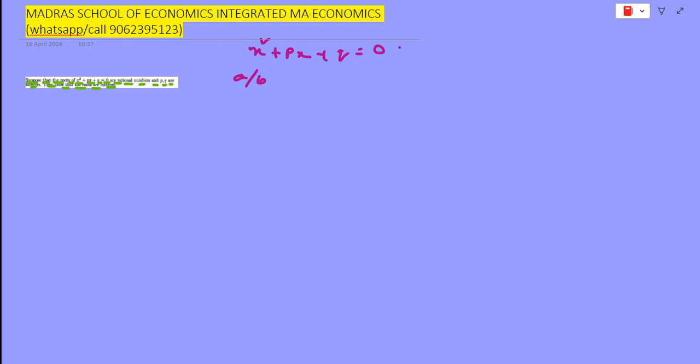Now GCD of a, b is 1. This means they have no common friends, they don't share Netflix passwords, so b cannot be 1 yet because we are trying to prove b must be 1.